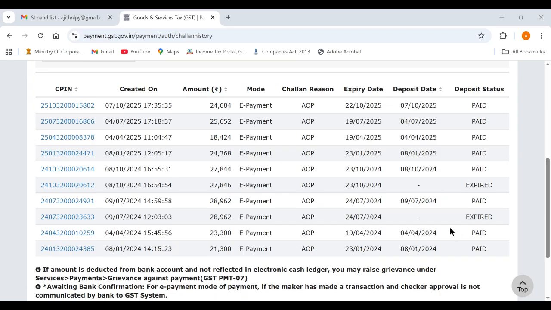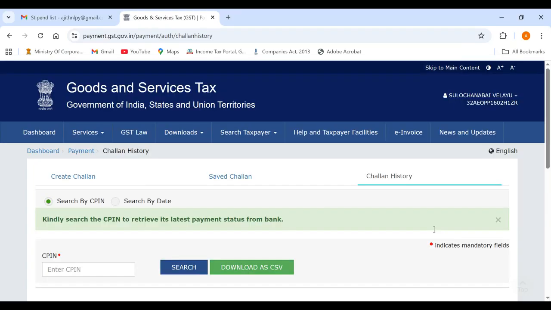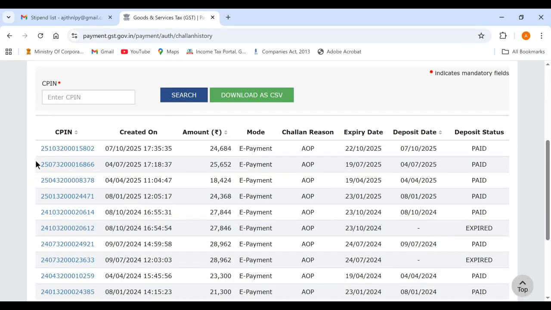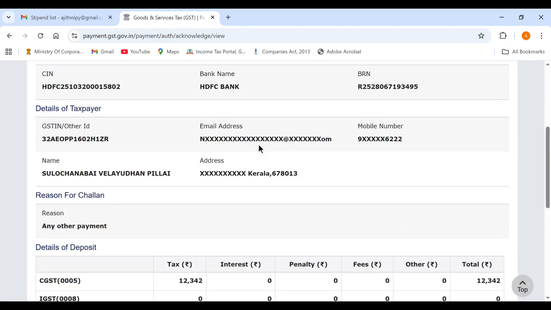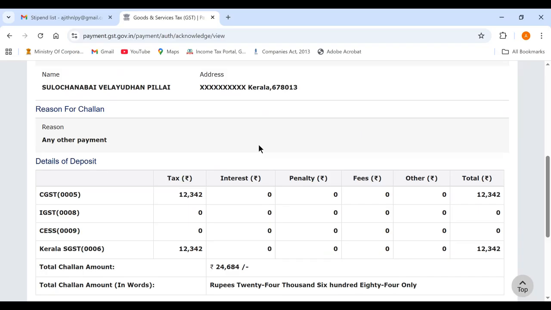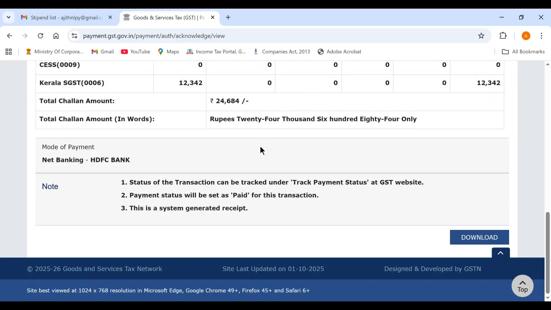Yes. So here for a composition dealer, I have logged in. Here you may see under the challan created column, various challans have been generated, and it would be in this format.